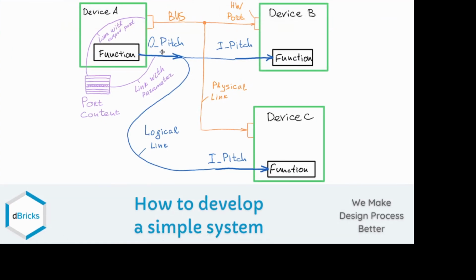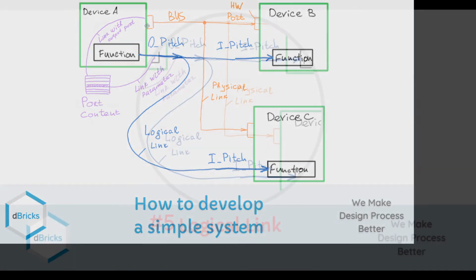Now our port content is holding the O-pitch parameter and is therefore linked with it, and the port content is linked with the hardware bus, which means in the end that the O-pitch parameter is available for this hardware bus.